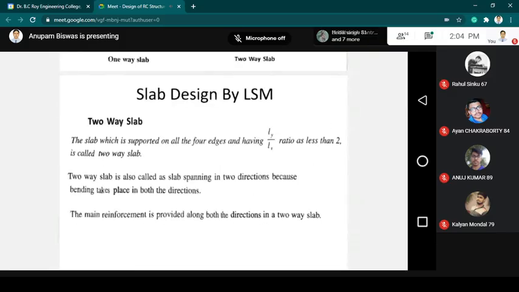So the significance of the two-way slab is that the ratio should be less than 2.